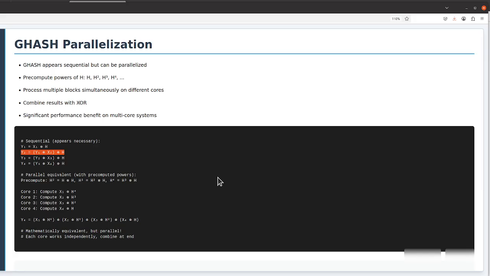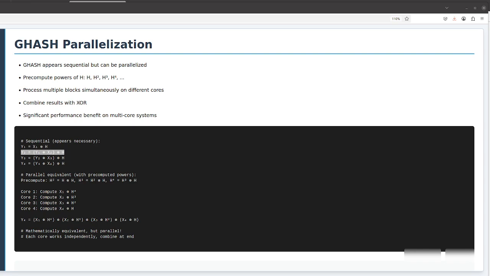Core 2 computes X2 times H cubed. Core 3 computes X3 times H squared. And Core 4 computes X4 times H. Then, you XOR all 4 results together to get the final accumulator after 4 blocks. This is mathematically equivalent to sequential processing but can be done in parallel.